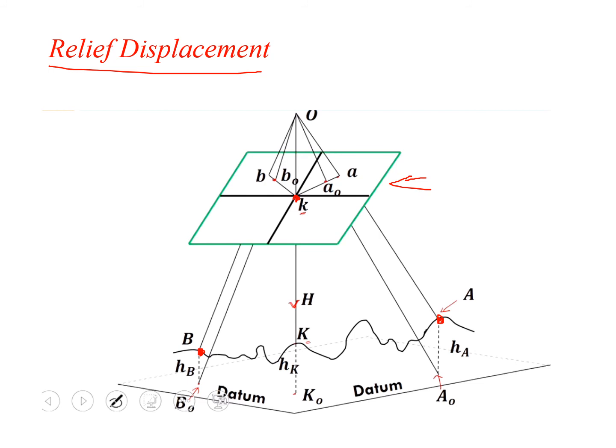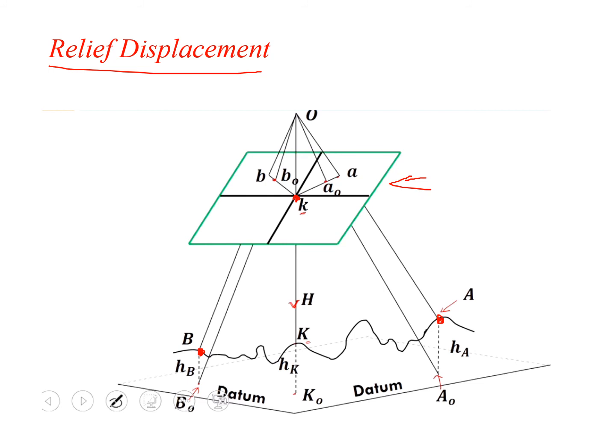That means there are no random errors. The principal point and center of fiducial are coinciding at one point. Otherwise it would be impossible to derive the mathematical equation.